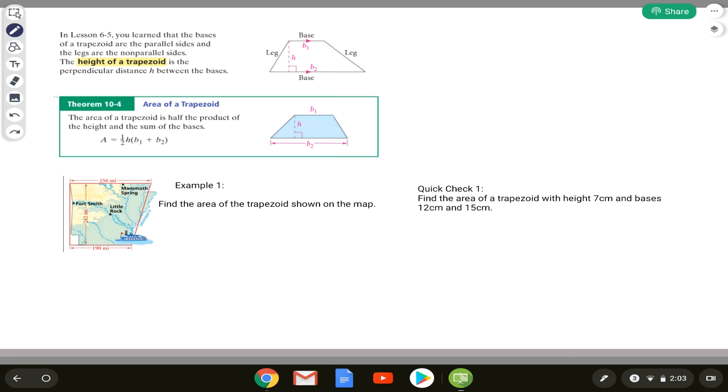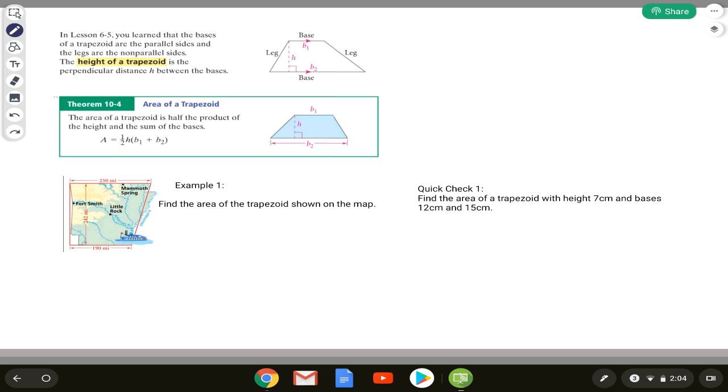So as we remember those things, when we look at theorem 10.4, the area of a trapezoid is just 1/2 the height times the sum of the bases. So we're going to add the two parallel side lengths up, and we need to make sure we know the height, and we'll use those just to fill into the formula.